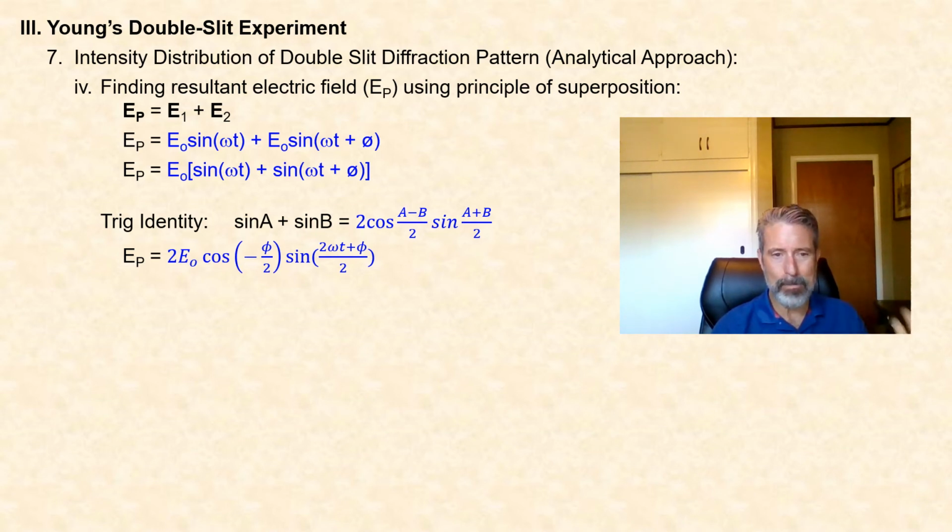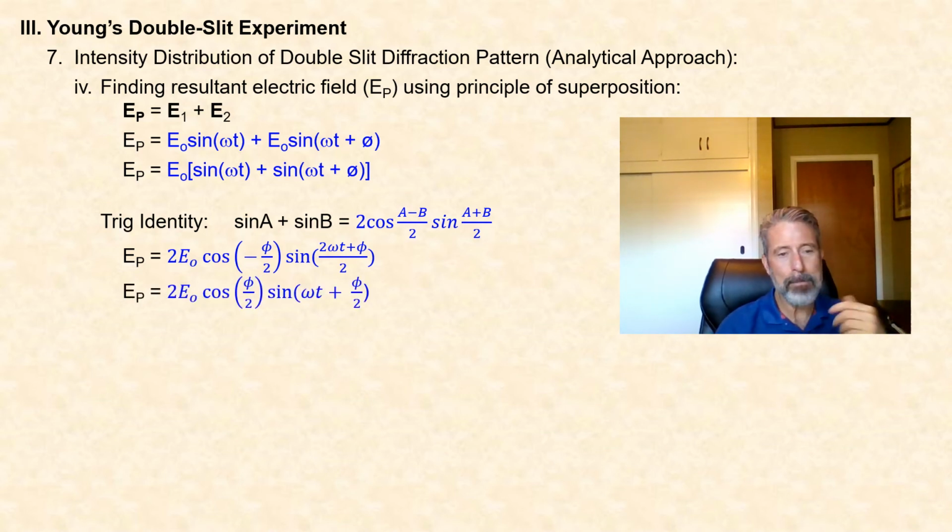When we use this trig identity, our interference pattern looks like this. Here is what our interference pattern looks like. I won't read this expression to you, but since cosine is an even function, we can write it without the negative sign: cosine of negative phi is equal to cosine phi.